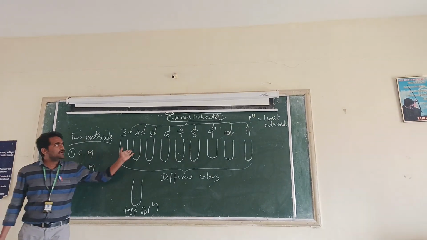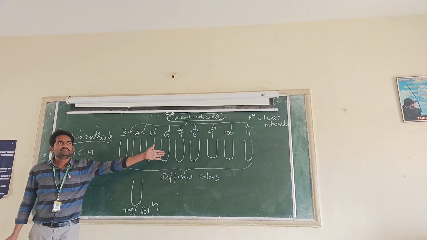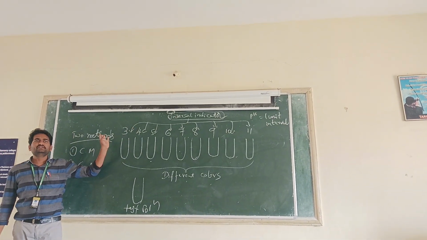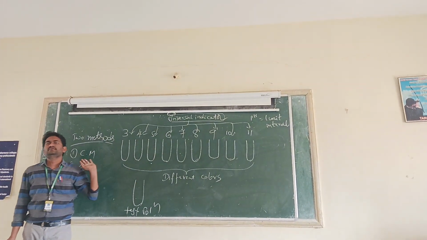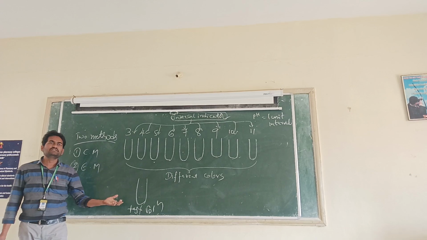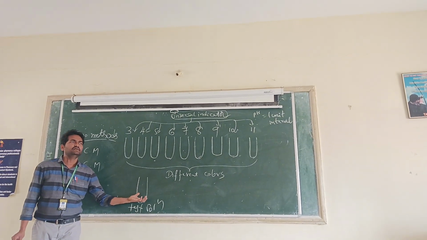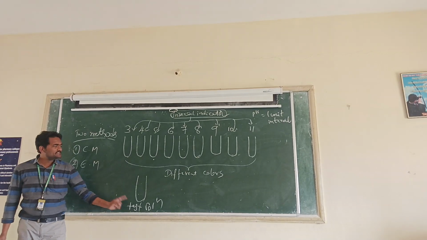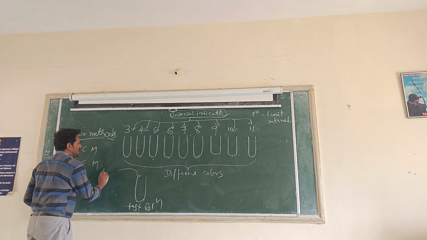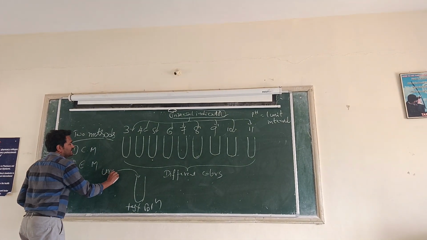Previously we added the universal indicator to the standard buffer solutions, and each has a different color. Now the actual step is to take a different beaker filled with the test solution. To this test solution also we add universal indicator.